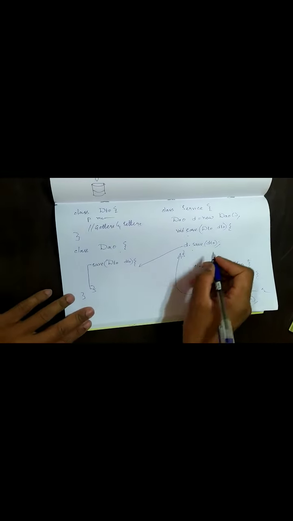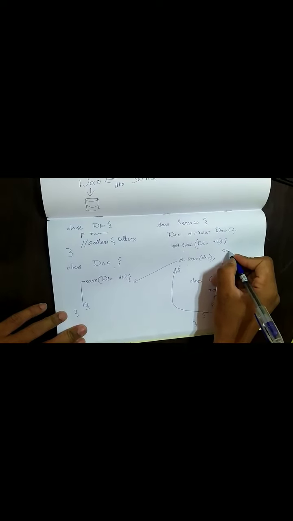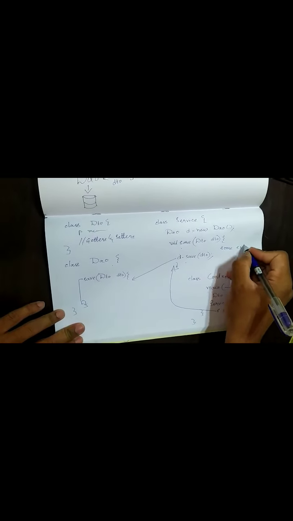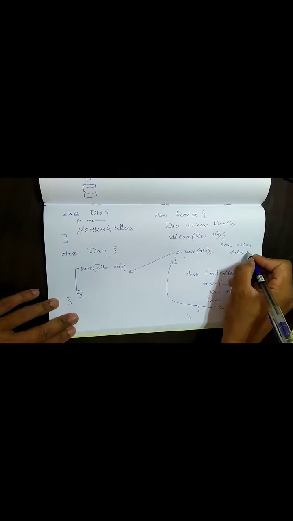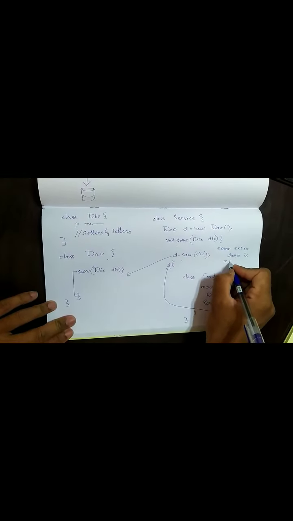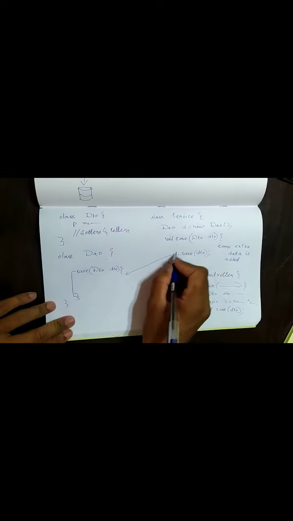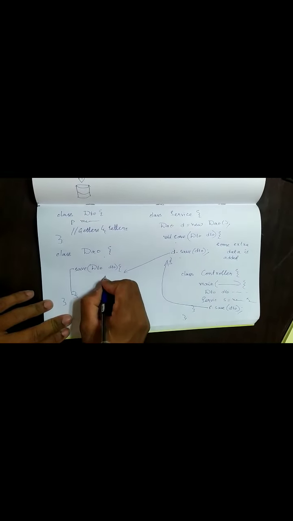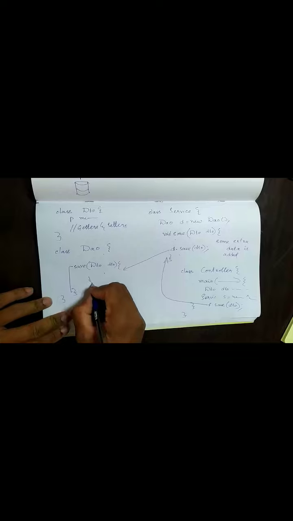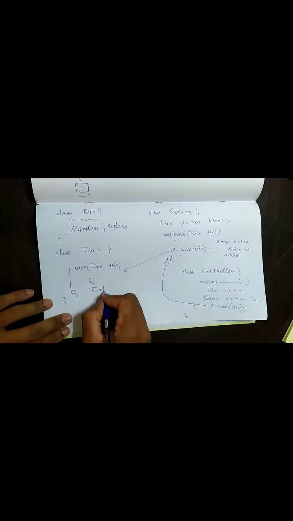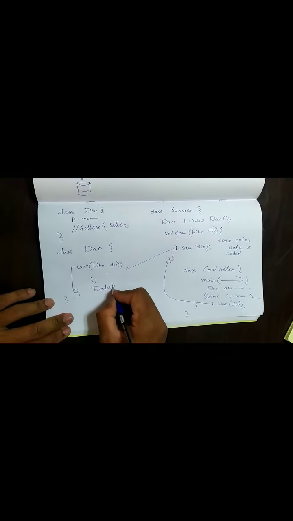Inside the service layer some extra data is added. And from there the data is received by the DAO layer, where it is added inside the database directly.